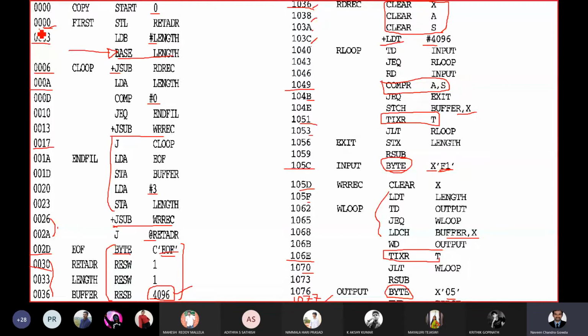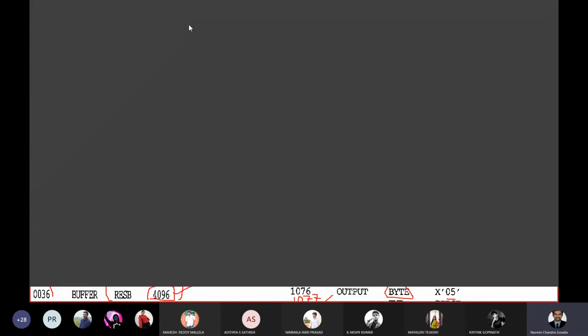If I start with the first instruction, which is STL RETADR, it is a format 3 instruction. Whenever you write the opcode, the opcode of STL is 14.